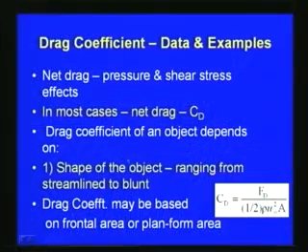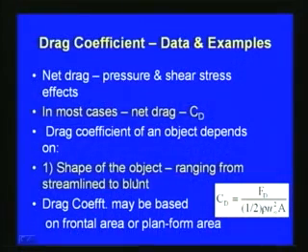So, the first case here, we discuss how the drag coefficient changes for various shapes of bodies, with various examples that we consider here. The various parameters have some effect on the drag coefficient.